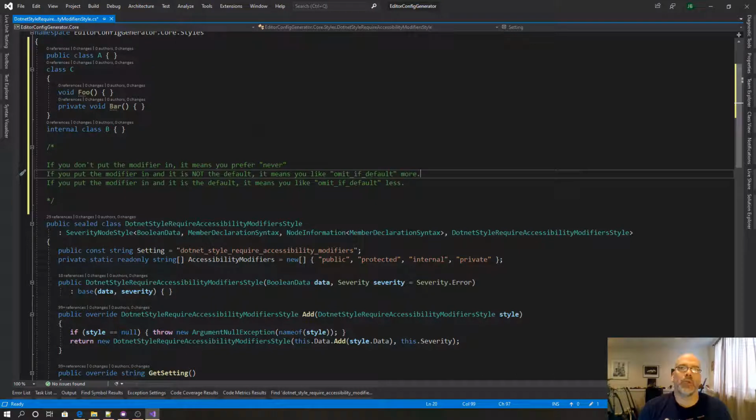We need cases where, what it really comes down to is how many times did you put in a modifier when it is the default, compared to how many times you put a modifier in, or how many times you did not put the modifier in. Right?